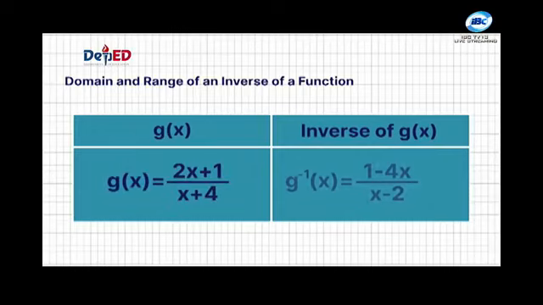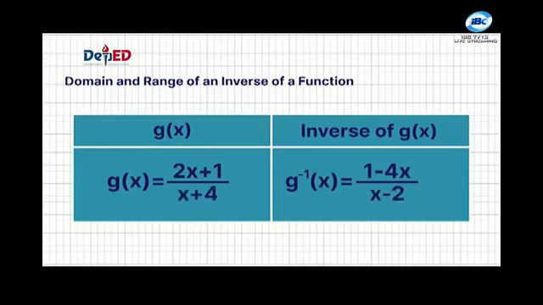Since this is a rational function, we have to take note that in getting the domain, we have a restriction that the denominator should not be equal to 0. Thus, we do not include values of x that will make our denominator equal to 0.